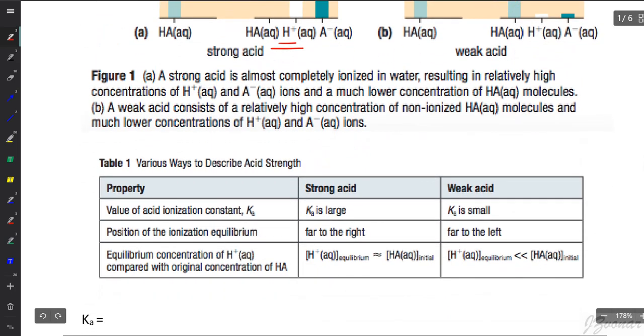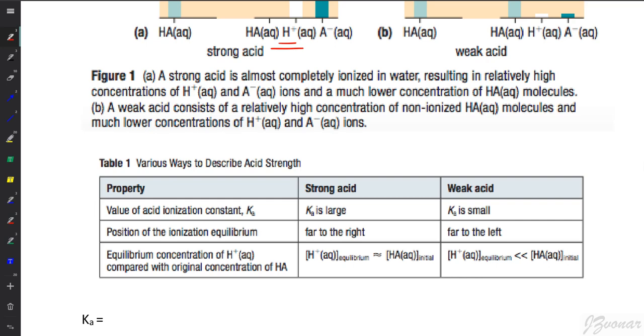Now we can determine the strength of an acid, and we can describe it in a variety of different ways. By looking at the acid ionization constant, Ka, it is going to be a very large value for strong acids and quite small for weak acids.